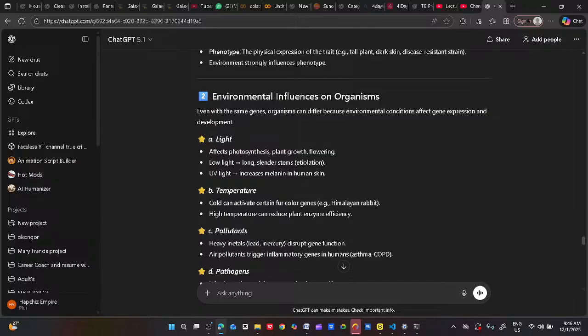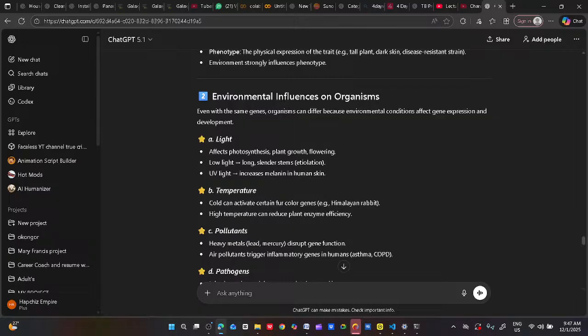Okay, and UV light increases melanin in human skin, and what is melanin? Melanin is what determines the skin color. What determines your skin color is called what? Melanin. For example, we are going to learn in this course about albino.